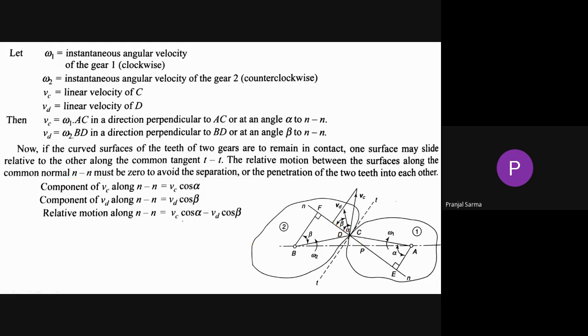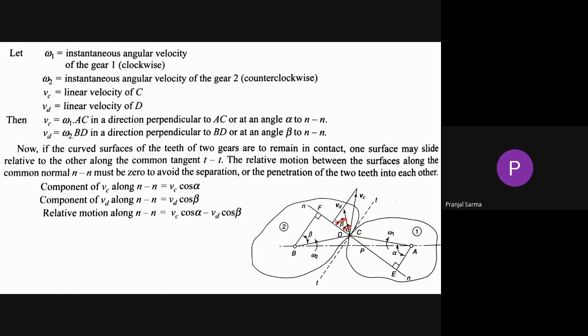So now from our previous discussion, we are considering this angle to be alpha, and this angle which is made by PD with the common normal to be beta. The angle made by PC with the common normal is alpha, and with respect to PD it is the beta angle.